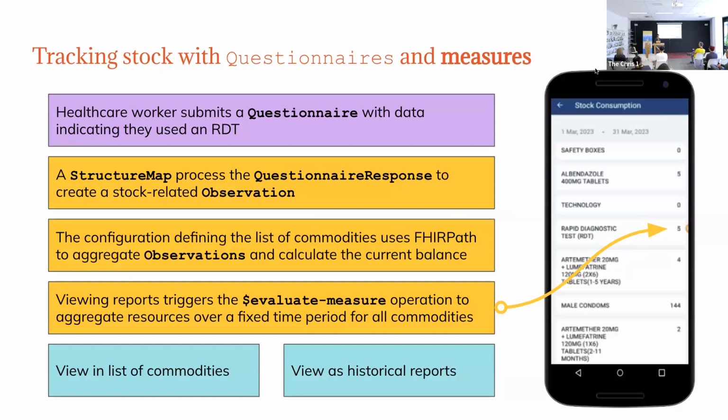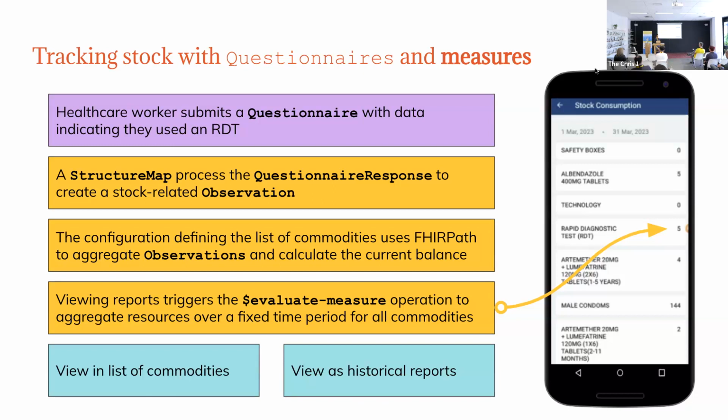Great. Taking a specific use case again, one of the applications is stock tracking. When a community healthcare worker is conducting their antenatal care visit, they'll be providing medications, using gloves, and using other commodities. We want to be able to track that usage of commodities as they deliver their services.